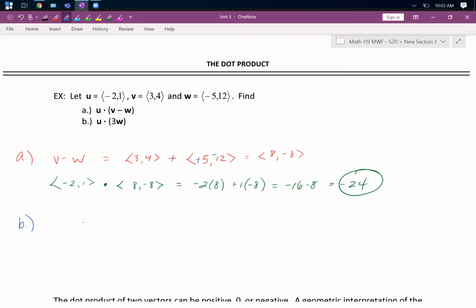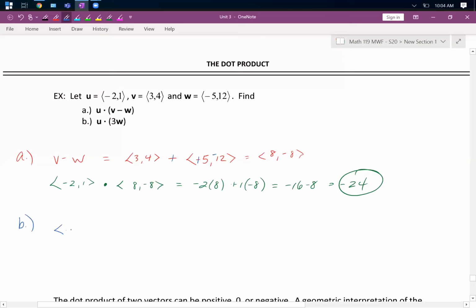All right, next up, we want to dot vector u with 3 times vector w. In this case, it doesn't really matter to me whether you do the dot product first and then multiply by the 3, or multiply one of the vectors by 3 and then do the dot product. I think they're about equal, so I don't really have a recommendation for that. I think I'll just multiply 3w and then dot it.